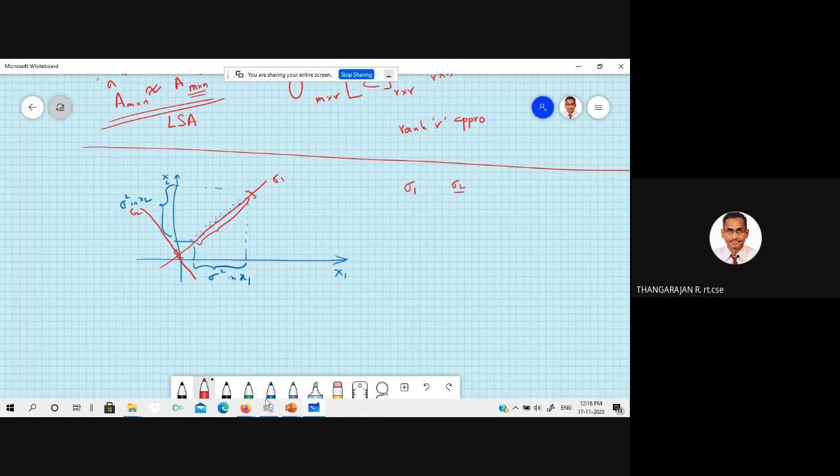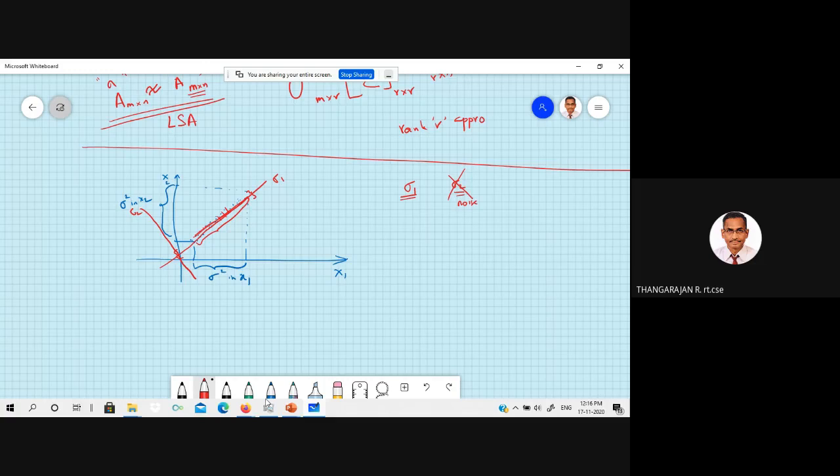Maybe sigma 2 is noise, whereas the variation in sigma 1 is what is needed. So from that, you can ignore sigma 2 and just work with sigma 1, only one feature. So from 2 features, we have reduced to only 1 feature.